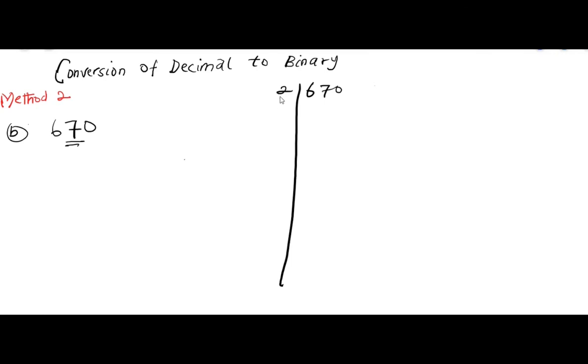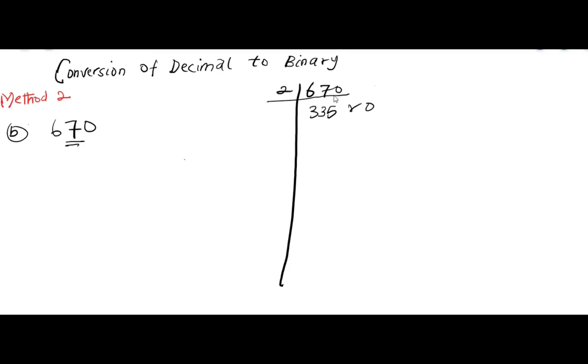So we have 670 divided by 2. 670 is an even number, so 670 divided by 2, you will have 335, remainder 0, because 335 multiplied by 2 gives 670.